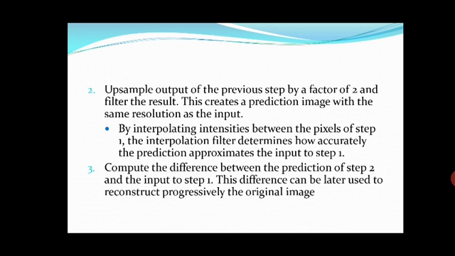It is very important: we consider the original image and perform the operations, and after the operations we need to reconstruct the image. When reconstructing the original image data content, we need to compute the difference, and the difference has to be lesser.